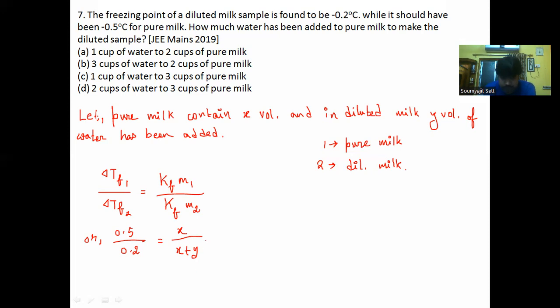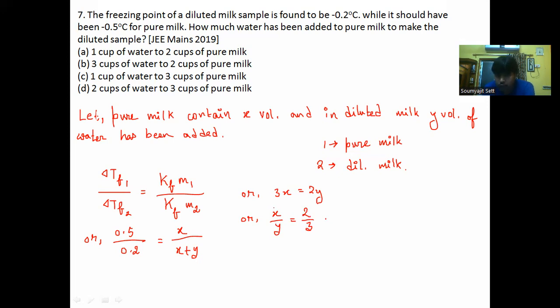So from this equation we are getting 3x is equal to 2y from calculation. 3x is equal to 2y, or we can write x by y is equal to 2 by 3.